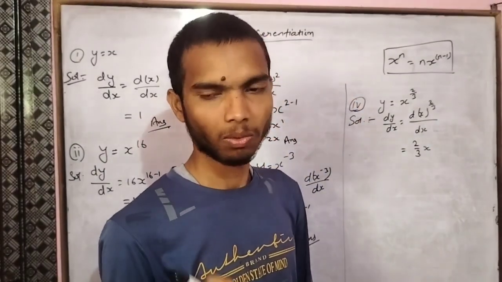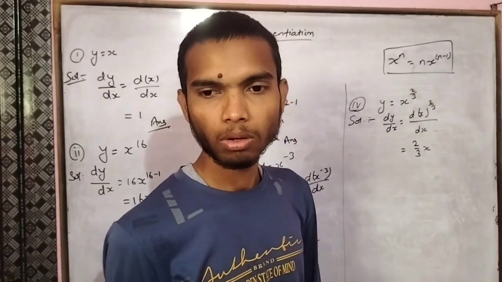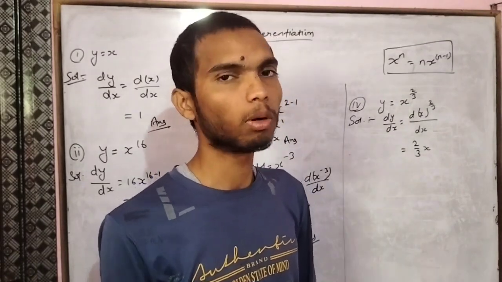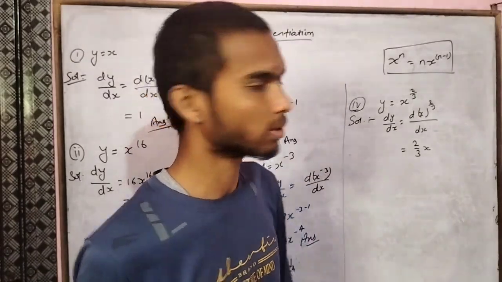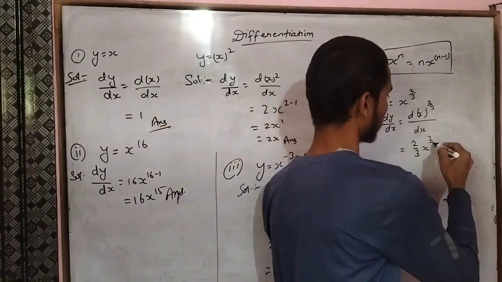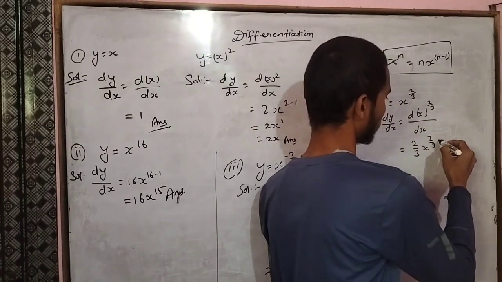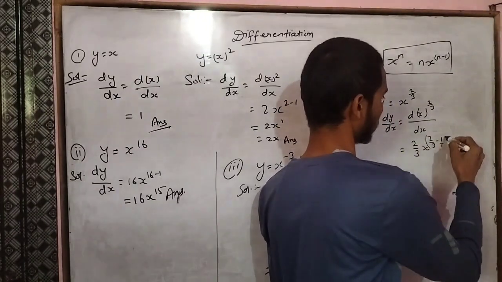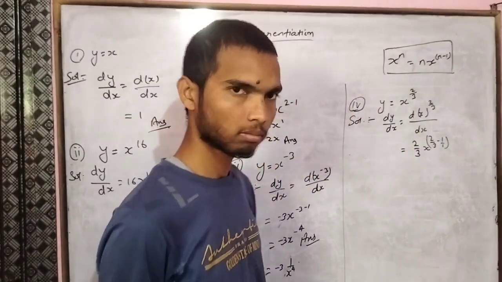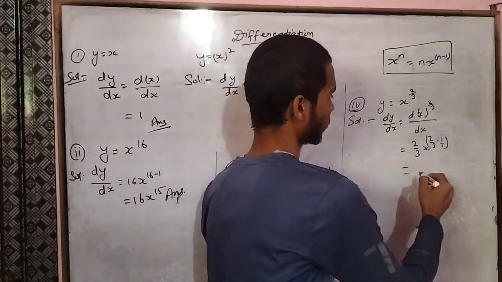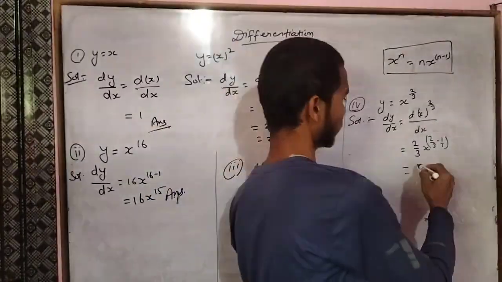Now as we know, 1 will be reduced from the given exponent. 2 by 3 minus 1 by 1. Now we have to simplify it.